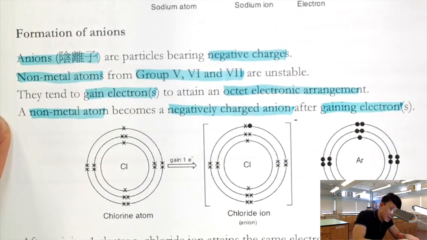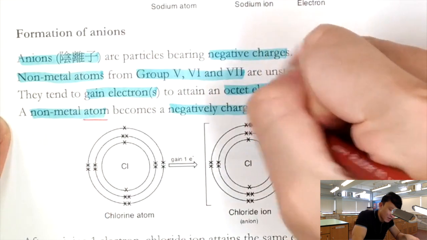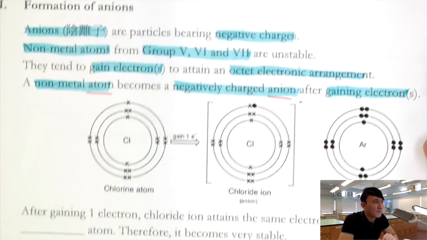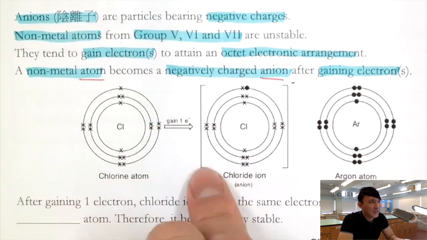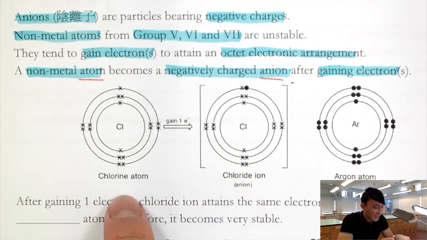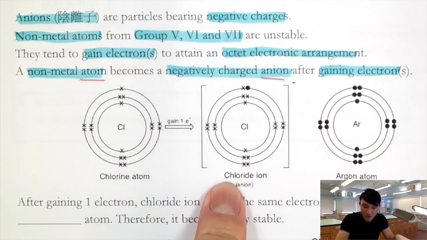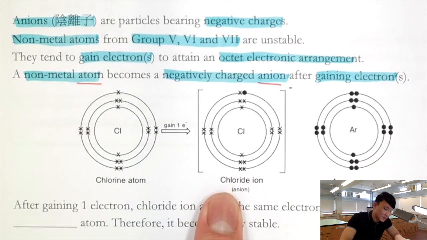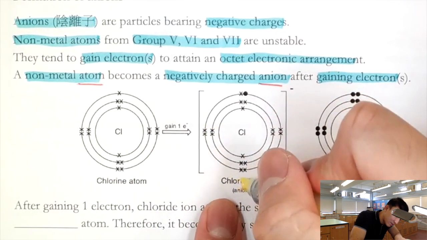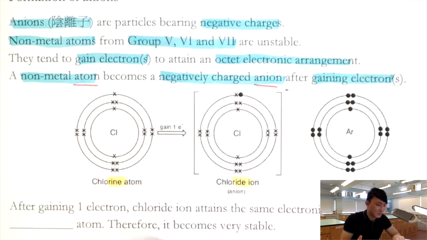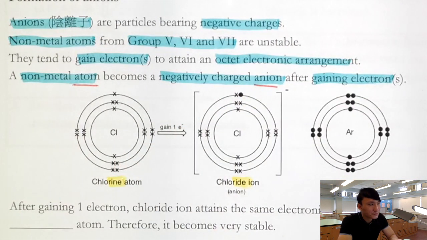Okay? Again, atoms become ions. Okay? Now, looking at the electronic diagram. So chlorine atom, when it gains an electron, it becomes a chloride ion. So bear in mind the suffix here. There's a change in the suffix.